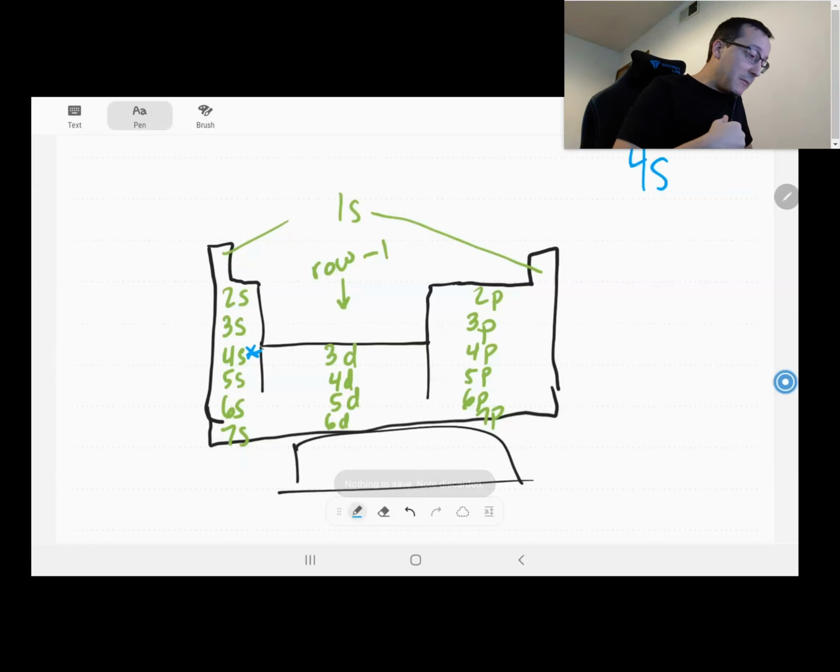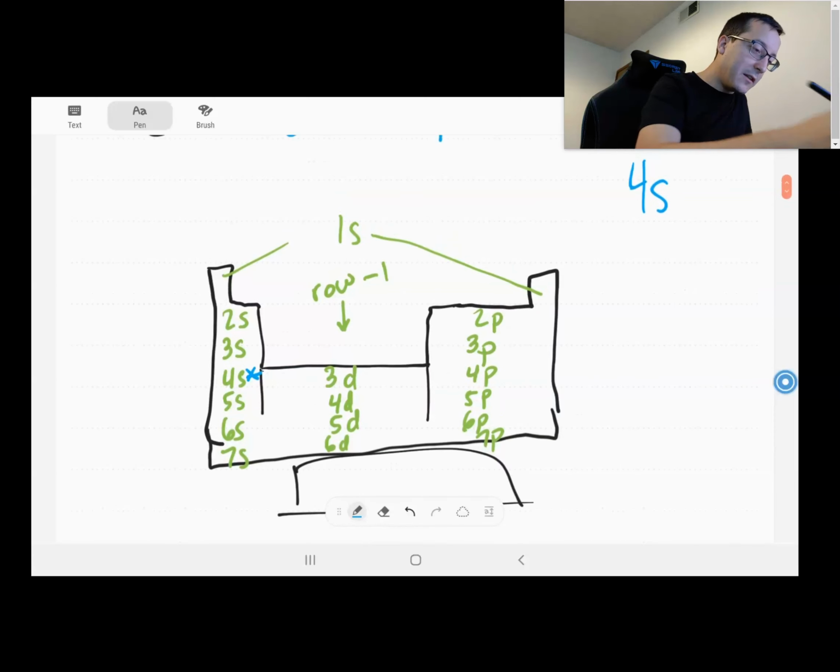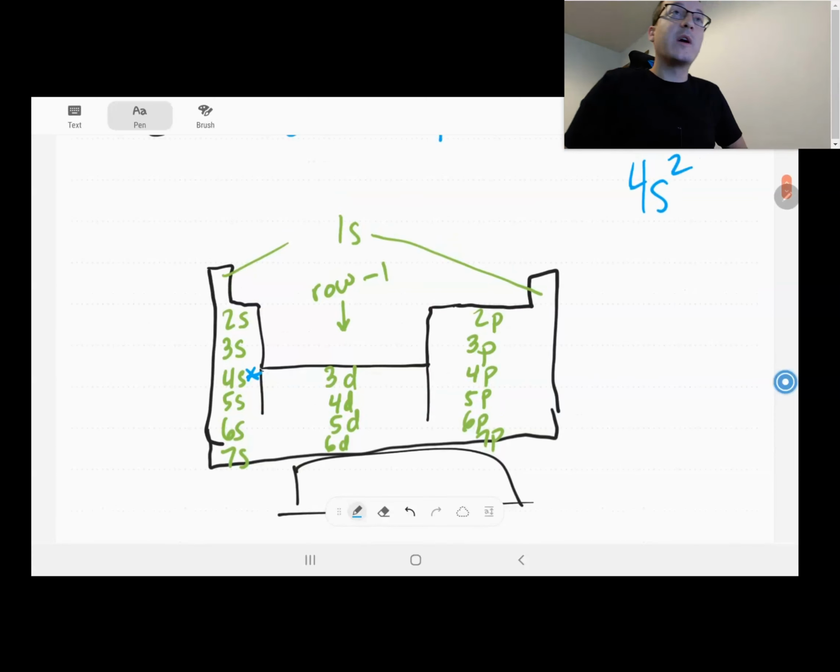Great. So with that in mind, we know that calcium is going to be 4s2 as the last one. Its last electrons are in 4s2. So where it is on the periodic table will tell you where its outermost electrons are. Okay, so hopefully that should be okay.